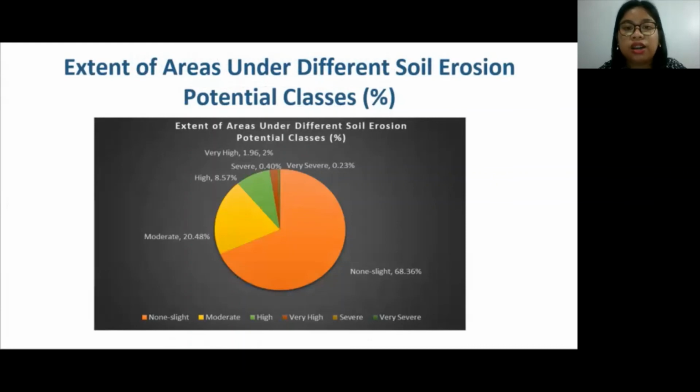It covers around 68.36% of the MMFR, followed by the moderate, which is about 20.4%. The high is around 8.57%, very high 1.96 or about 2%, severe under 0.4%, and then very severe 0.23%.